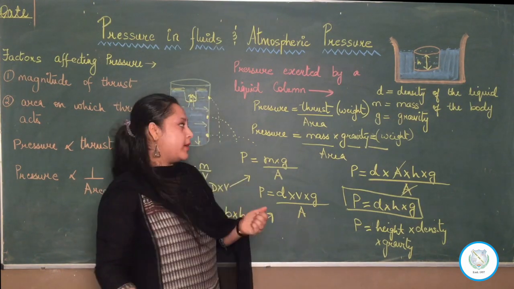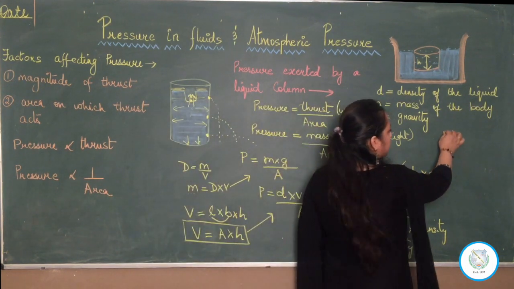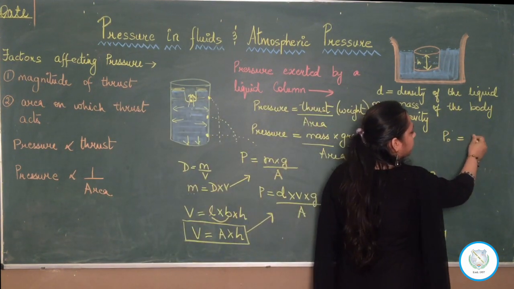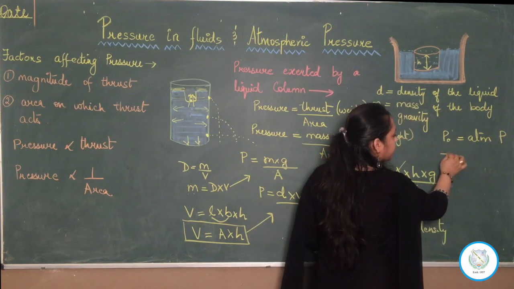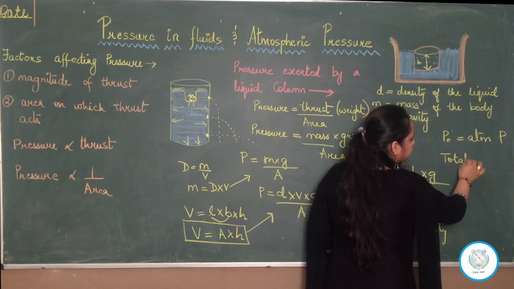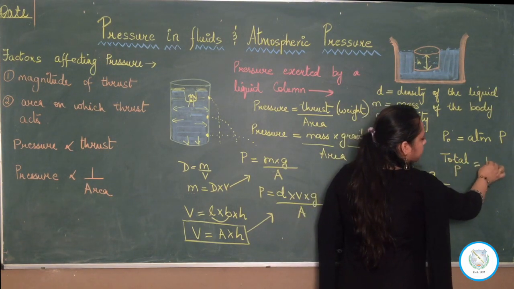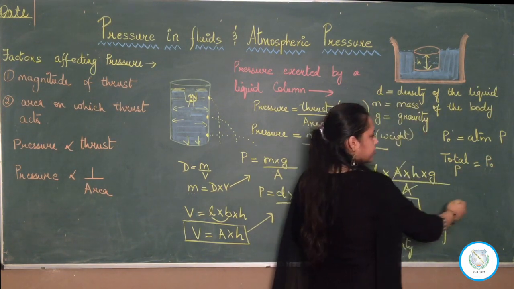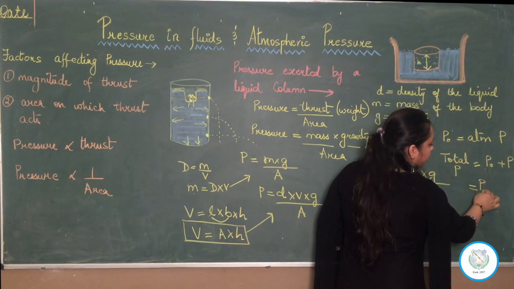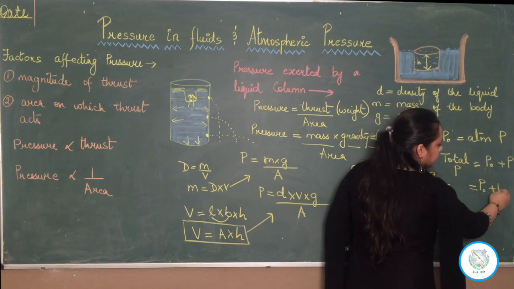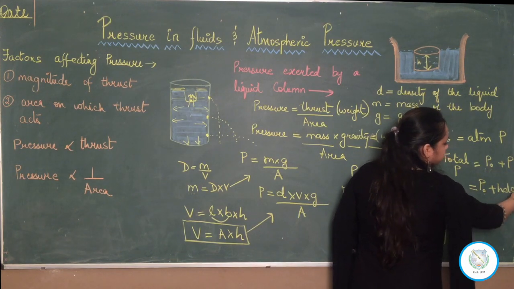Now, if P naught is taken as the atmospheric pressure, therefore, the total pressure acting on the body will be the atmospheric pressure plus the pressure that we have just calculated. That is P naught for atmospheric pressure plus HdG.